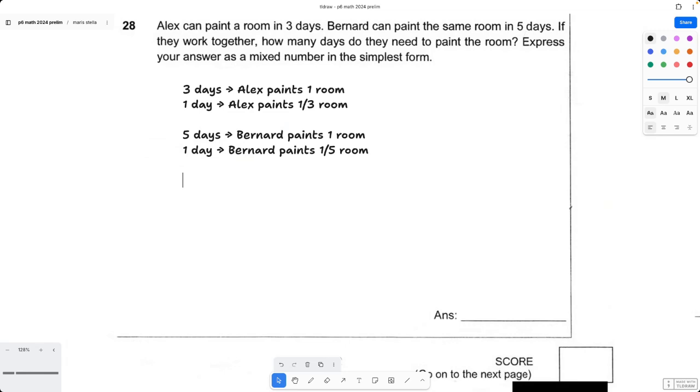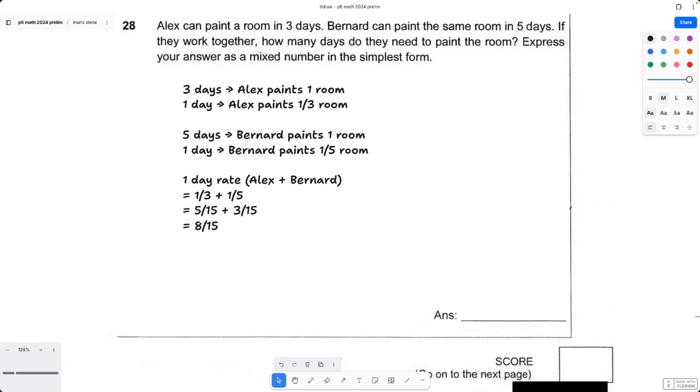Okay, so that means the one-day rate for both Alex plus Bernard is equal to 1 over 3 plus 1 over 5, which is basically 5 over 15 plus 3 over 15, which is equal to 8 out of 15.